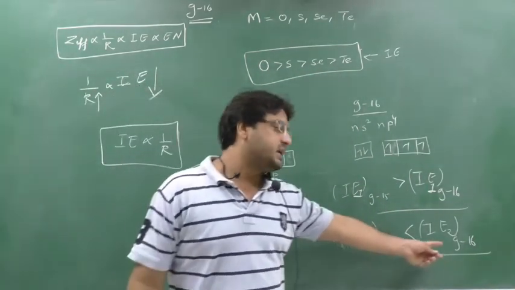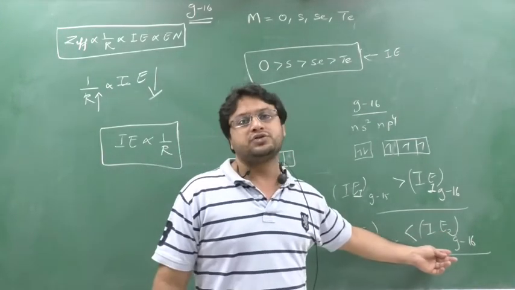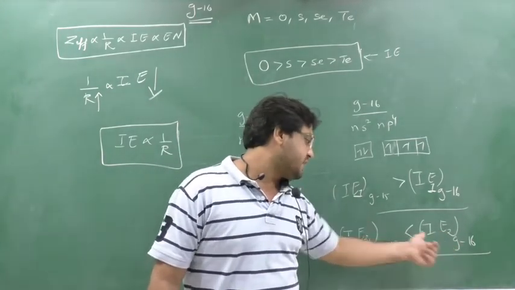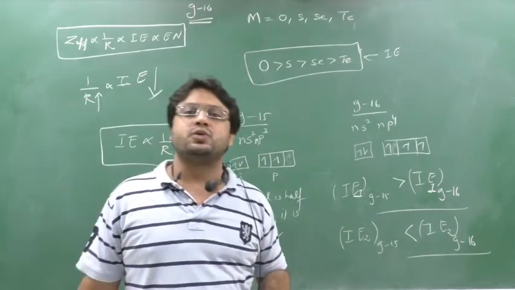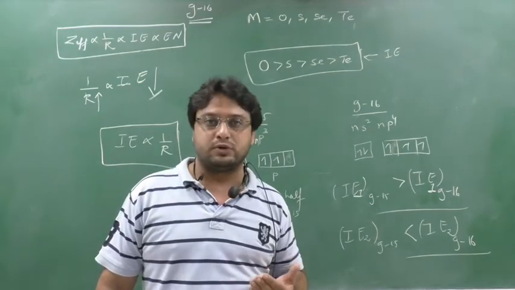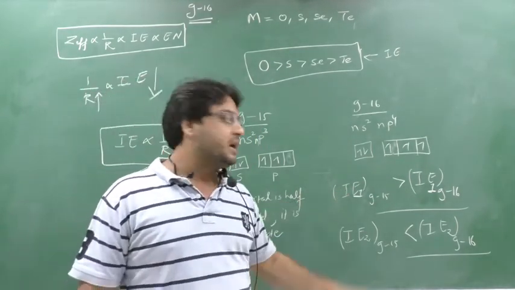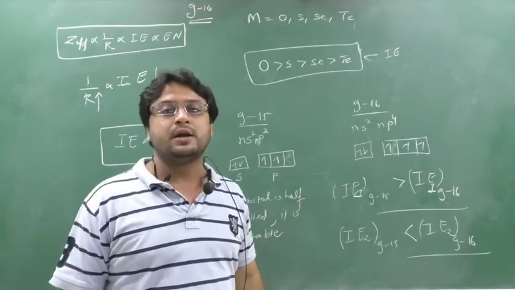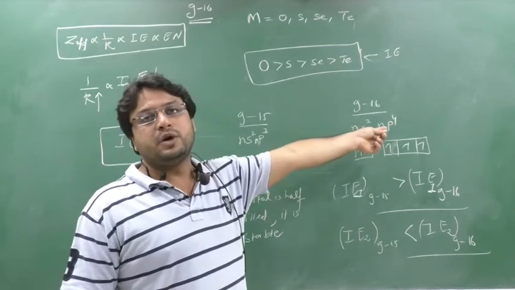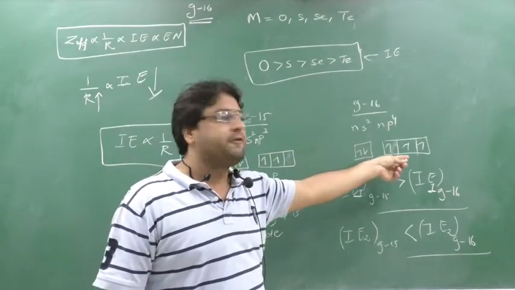The question can come in the exam: why is the second ionization enthalpy of group number 16 higher than group number 15? Second ionization enthalpy means removing the second electron from the outermost orbit. From the elements of group number 16, the energy required to remove the second electron is exceptionally higher, because after removing the first electron, the p orbital acquires a half filled configuration.